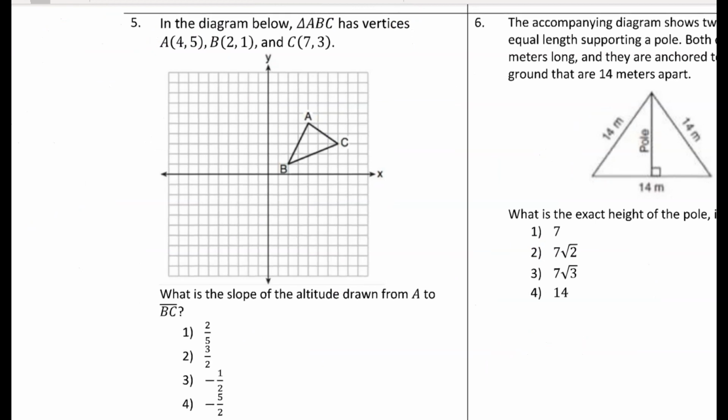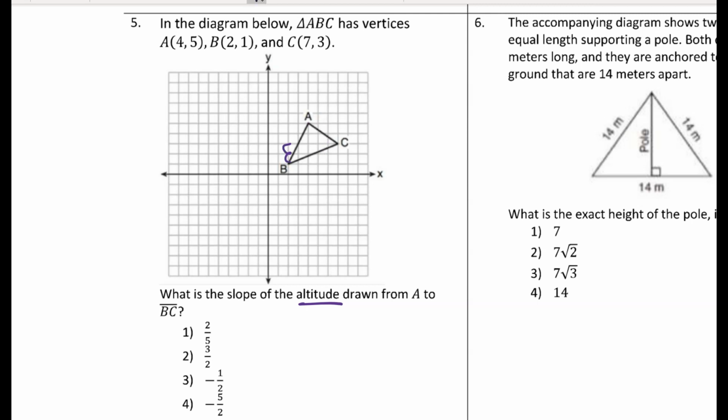For number 5, in the diagram below, triangle ABC has vertices A, B, and C. What is the slope of the altitude drawn from A to BC? Well, remember that the altitude has to be perpendicular to BC. So if I know the slope of BC, I can just find the negative reciprocal. So here I'm actually just going to count because they gave it to me on a coordinate grid.